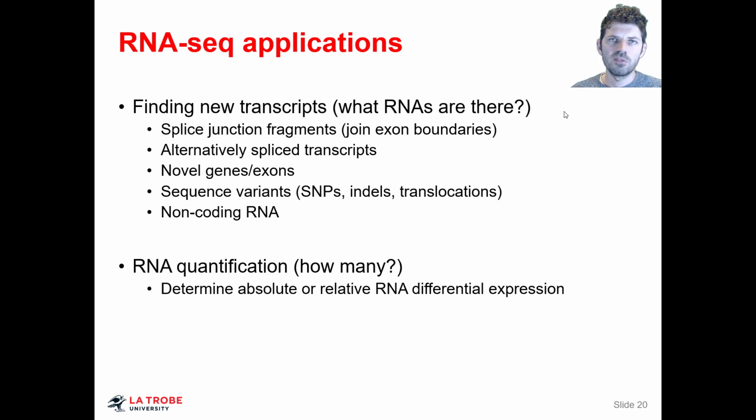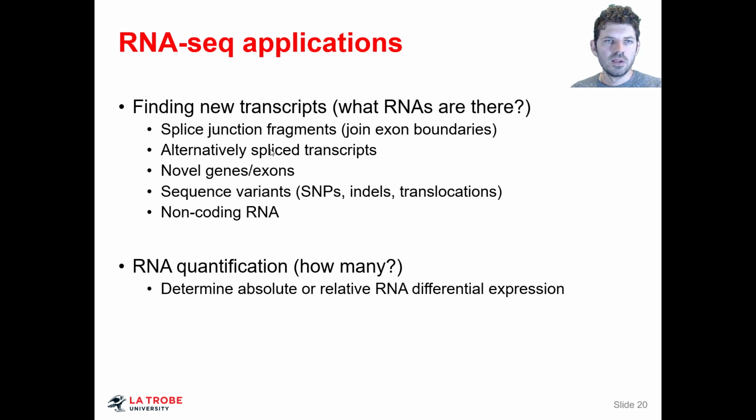So it's very useful for quantification, or measuring how much a particular gene is expressed. Is it expressed a lot or not very much? It can do this in absolute terms, giving you the number of RNA molecules. Or what's also done commonly is comparing RNA between different samples, and it will just give you relative RNA expression between, say, a treatment and a control sample.